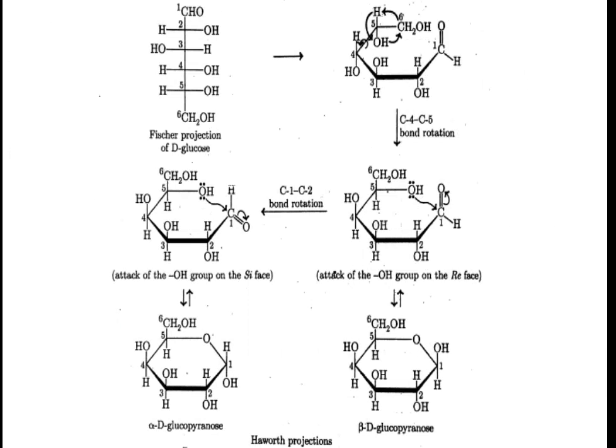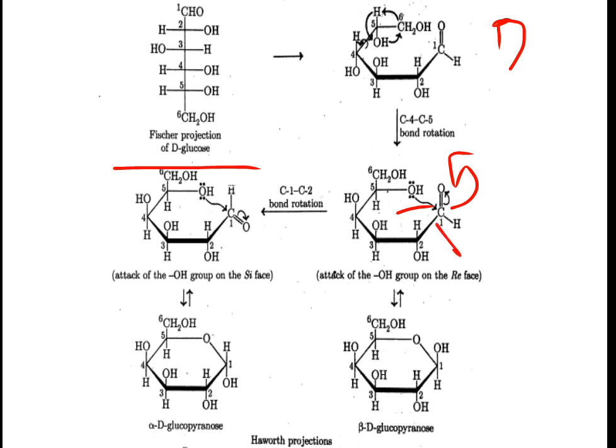Now again you are getting a Fischer projection of D-glucose, then you are making a Fischer rotation in this manner, then this OH is attacking this carbon and the bond is being opened. So again you can rotate the C1-C2 bond.